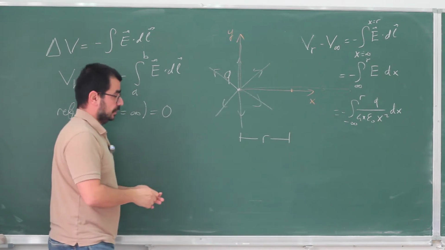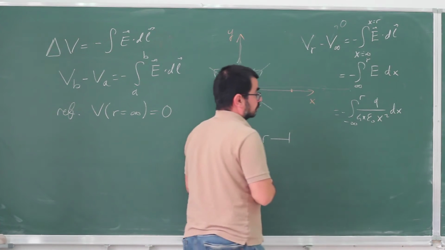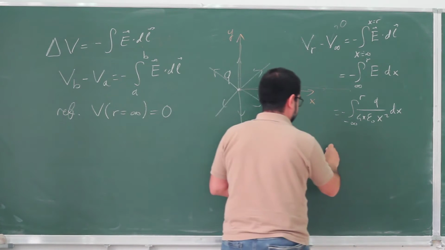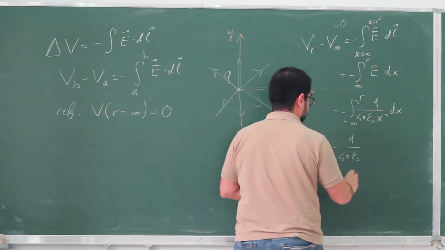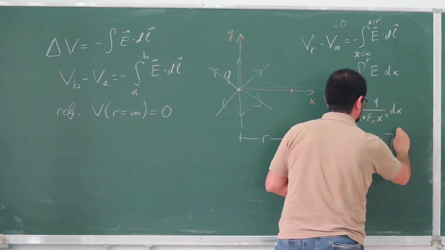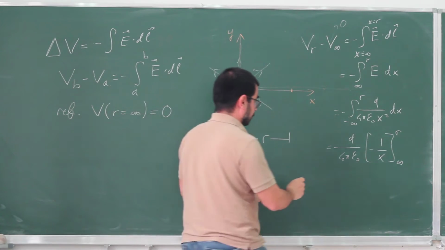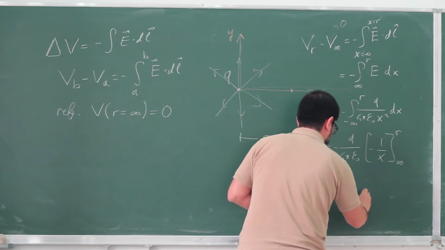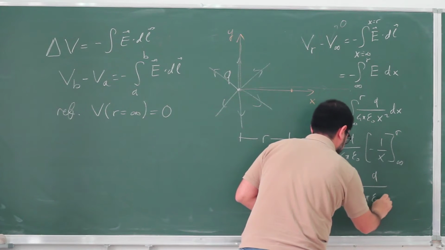And when you proceed this way, the integral of this is just going to be minus 1 over x. So this is minus q over 4 pi epsilon naught times minus 1 over x from infinity to r. And if you proceed this way, you're going to get the expression that your v at r is going to be q over 4 pi epsilon naught r.